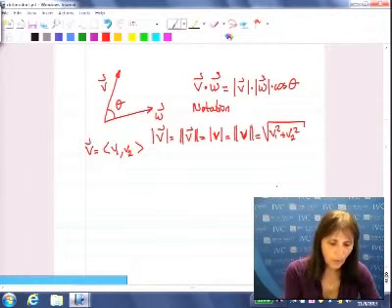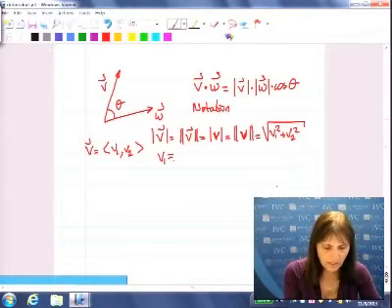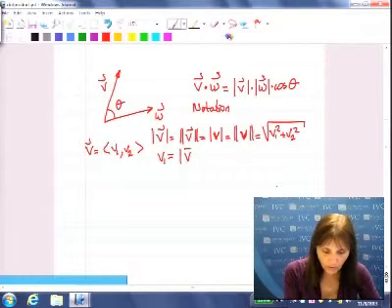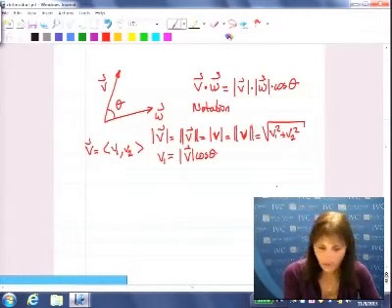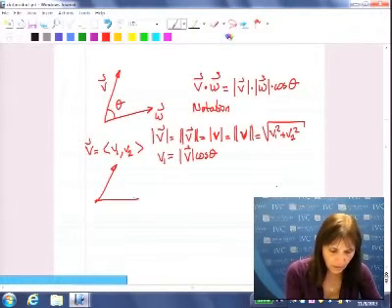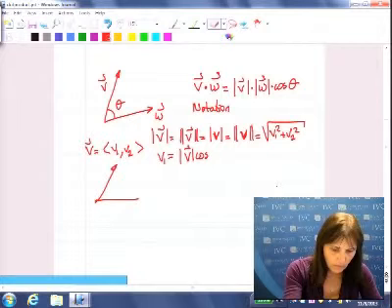What is V1? V1 is a number, and it is the magnitude of my vector times cosine theta. And for V2, let's not call the angle theta, but call it gamma.